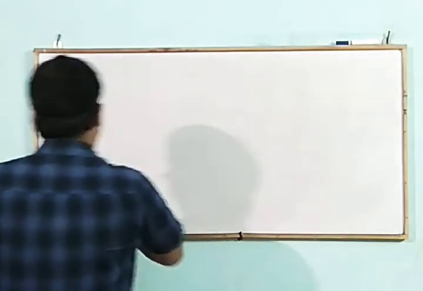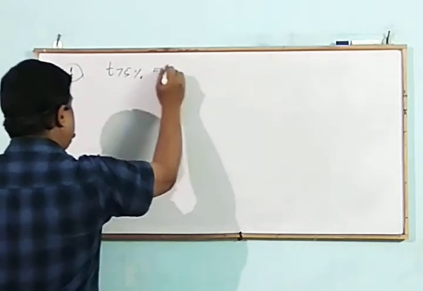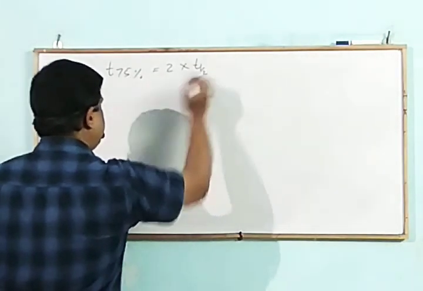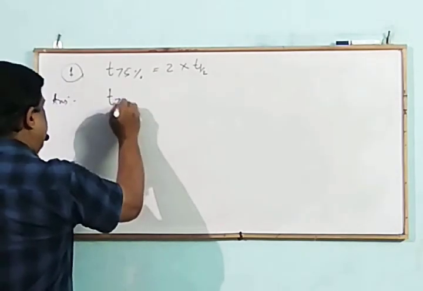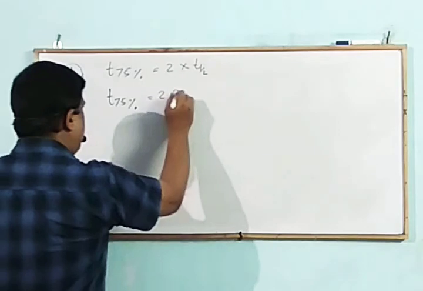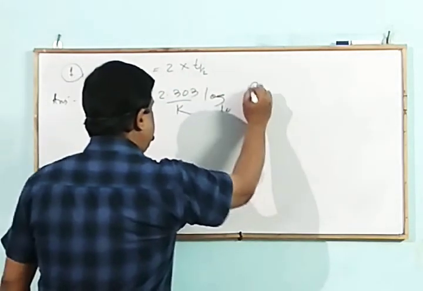We have to prove the first one, that is T75% is equal to 2 T half. Answer. We know by definition T75% means 2.303 by K log base 10 A by A minus X.